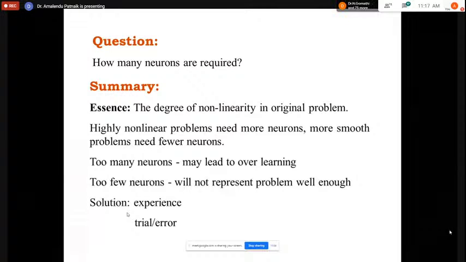You start with, suppose, 5 or 10 neurons, then if you are not getting proper results, increase by another 2-3 neurons, then another 2-3 neurons, and so on. In that way, you can get a good trained neural network.